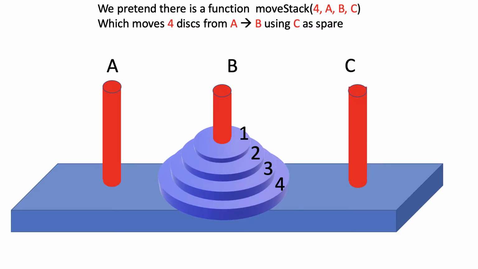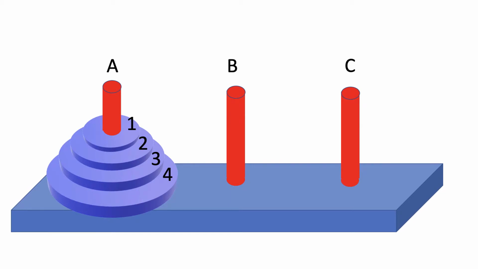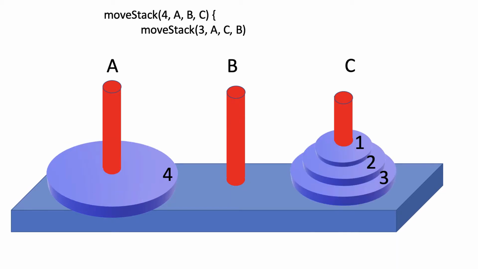So here I'm saying move stack, and there's 4 disks, and we want to move them from A to B using C as a spare. So let's pretend this function exists. Let's start it, and this time though, let's just move 3 of the disks. So we move 3 of the disks from A to C using B as a spare.